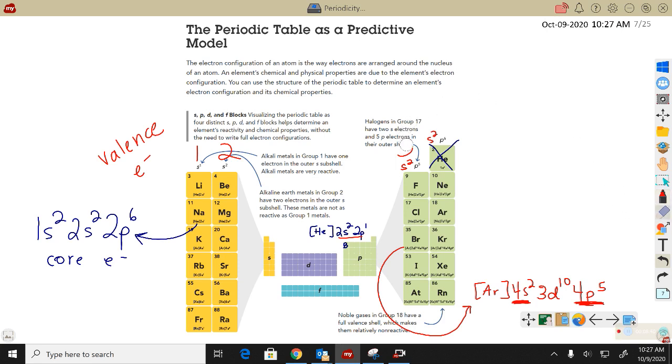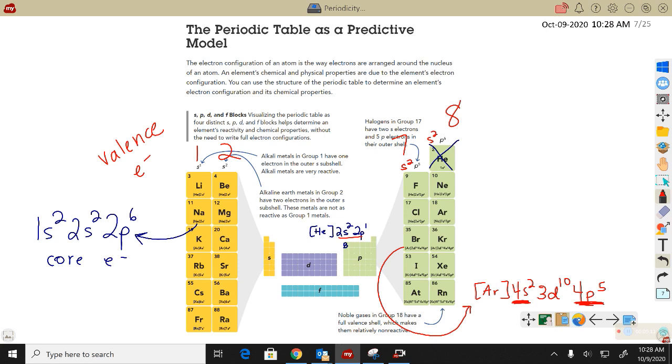Oh my gosh. Brain fart. 5 and 2 is 7 valence electrons. 7 total. And then when you get over to the noble gases, 2 and 6 is 8, except for helium. Technically, helium only has 2 because it's just filling the 1s orbital with 2 electrons.